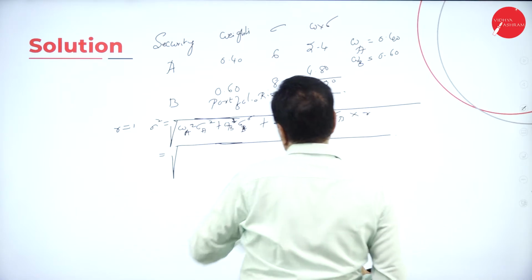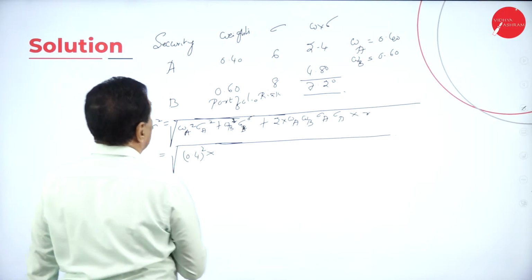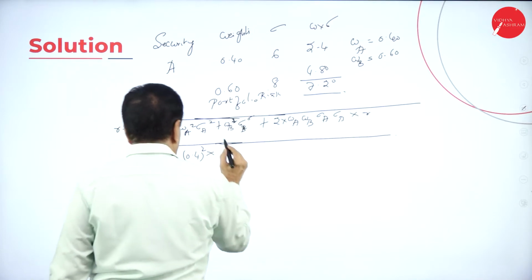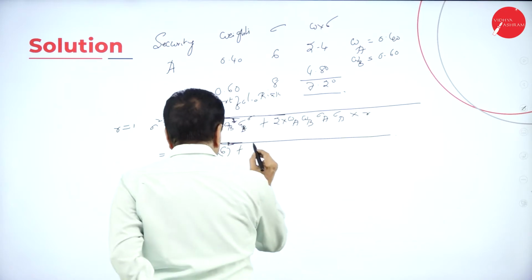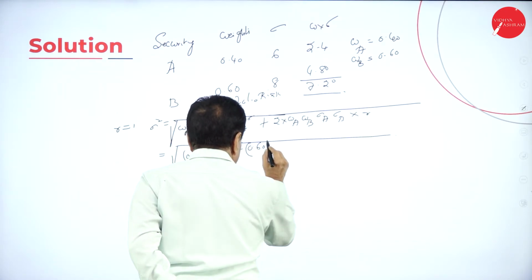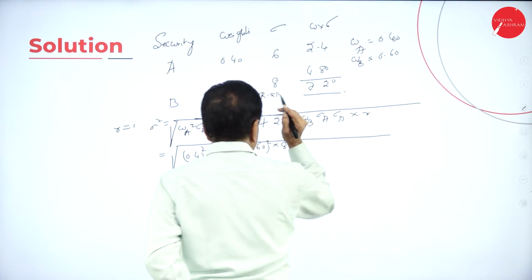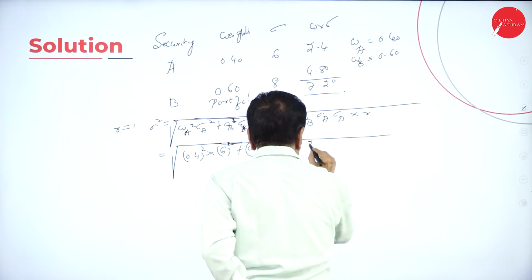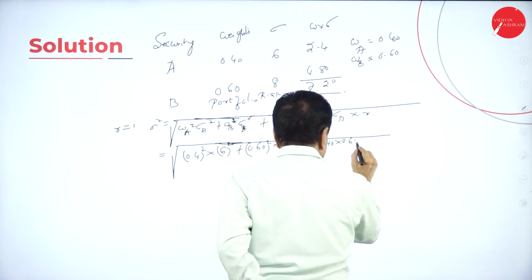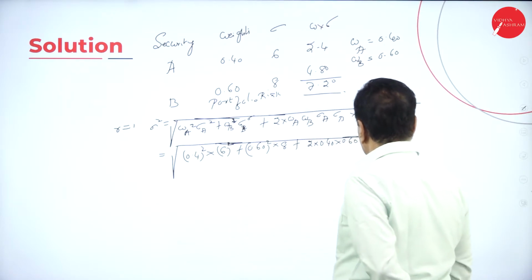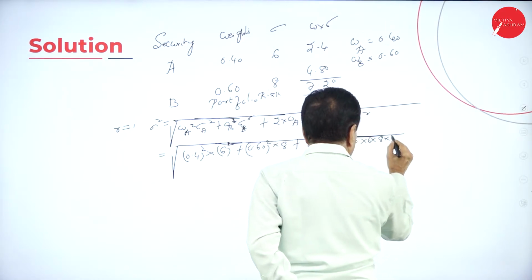What's your weight A? 0.4 whole square into, what's your standard deviation of A? 6 whole square plus, what's your weight B? 0.6 whole square into, what's your standard deviation B? 8 plus 2 into 0.40, 0.60, weight A, weight B into 6 into 8, R is 1.